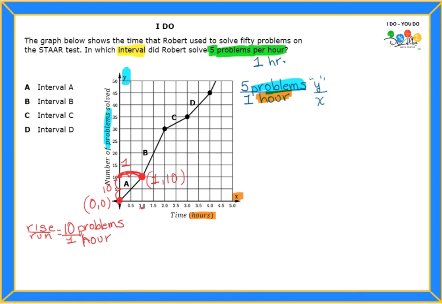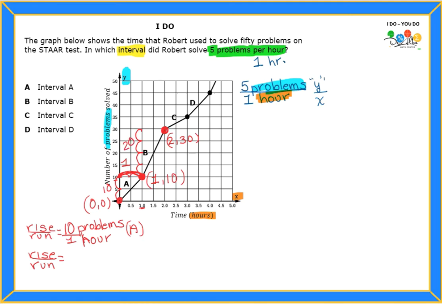So that's not my answer, and this is interval A. So let's do the next one. I'm gonna do still rise over run, and now I'm gonna go from the point 1, 10 to the other point, which is coordinates 2 and 30. Very good. So I'm gonna go up, and don't count by ones, please, count by fives. 5, 10, 15, and 20.